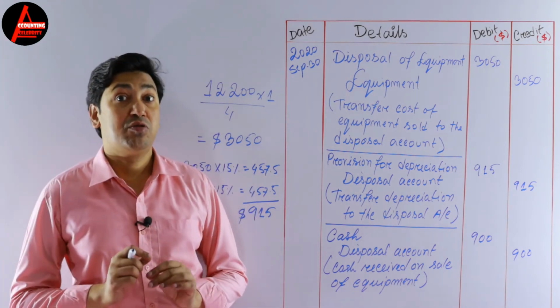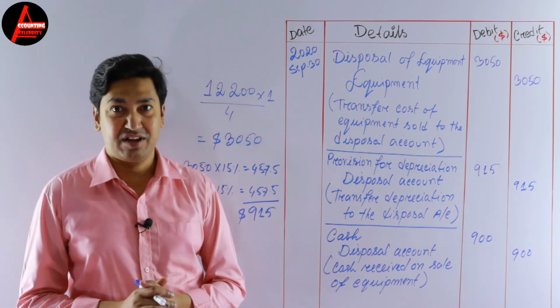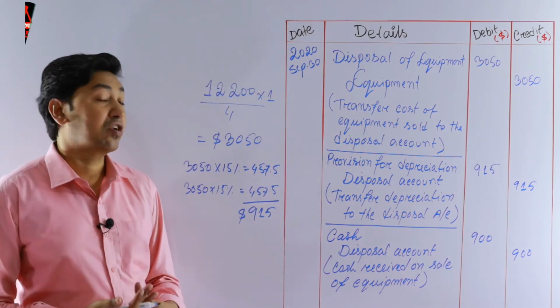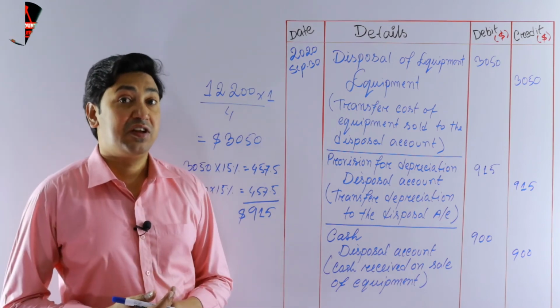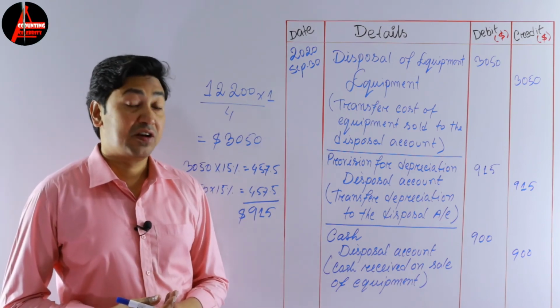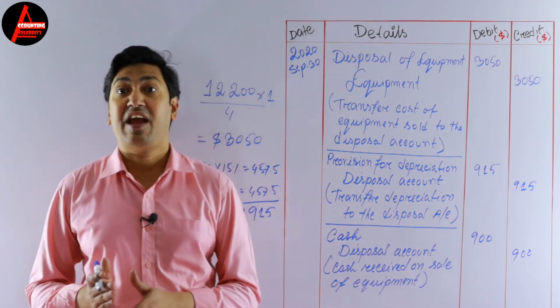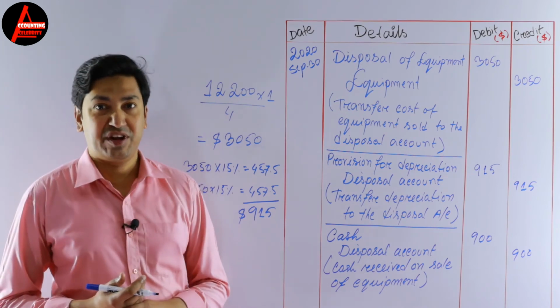Okay, now the last one. So we have to make one more journal entry for the loss or gain on the disposal. So here we will not do any disposal account, so we will not make here any more transaction. Okay, so if there is any loss on this disposal account, here the disposal account will be debited. If there is any gain on disposal, then disposal account to be credited.